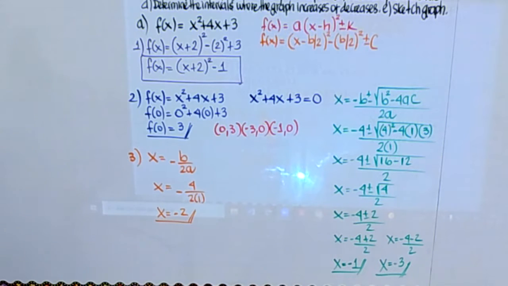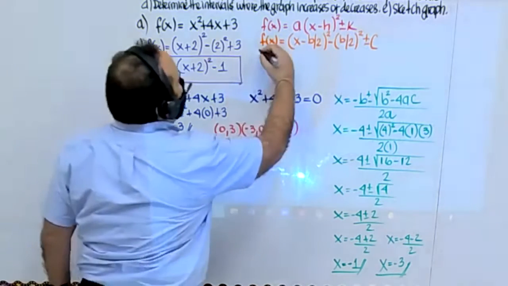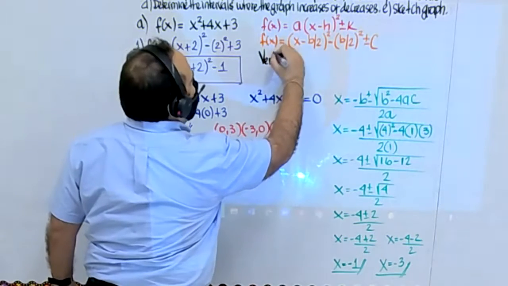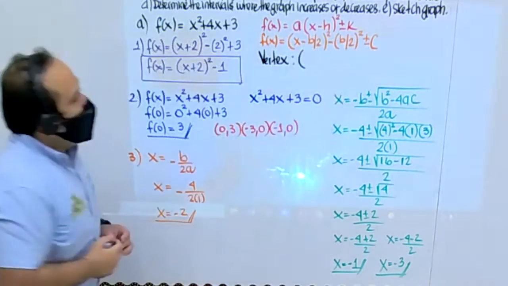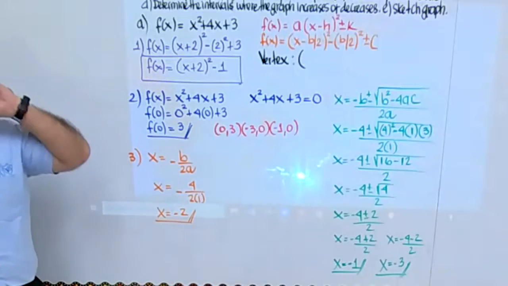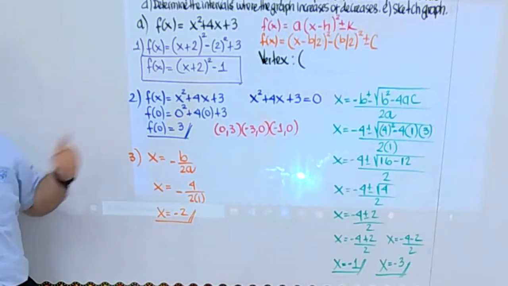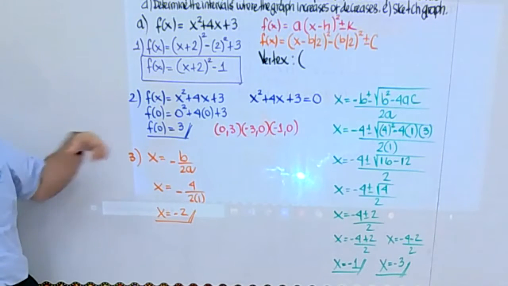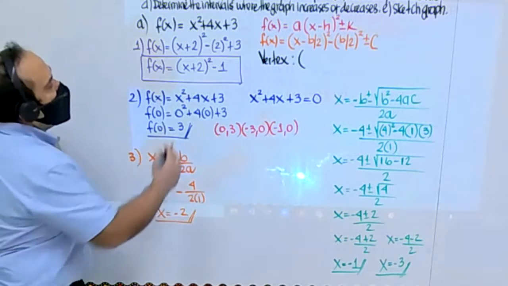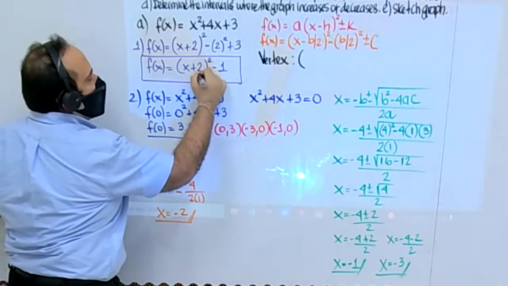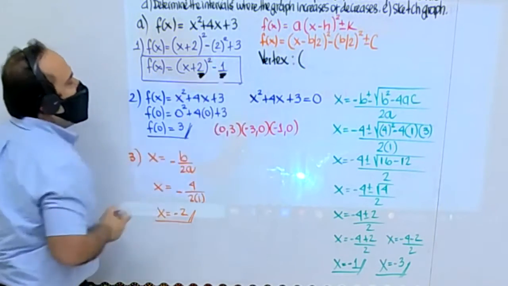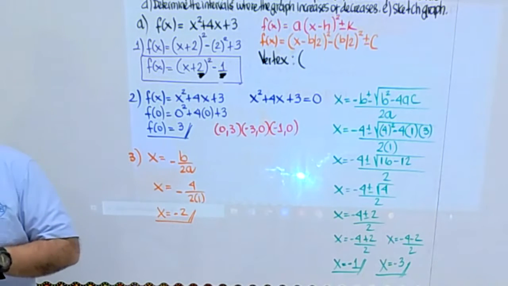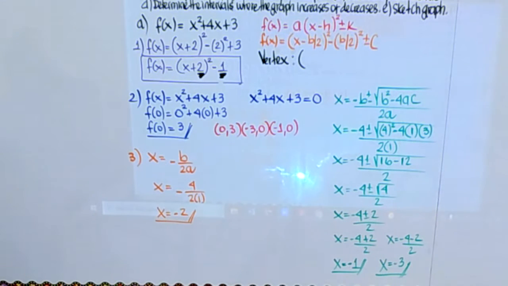My dear students, the vertex in this quadratic equation is simple to calculate. The vertex is the values h and k. What does that mean? Can you see these couple of numbers? The first one inside with the letter x and the other one outside the letter x. Those numbers will be the vertex coordinates.